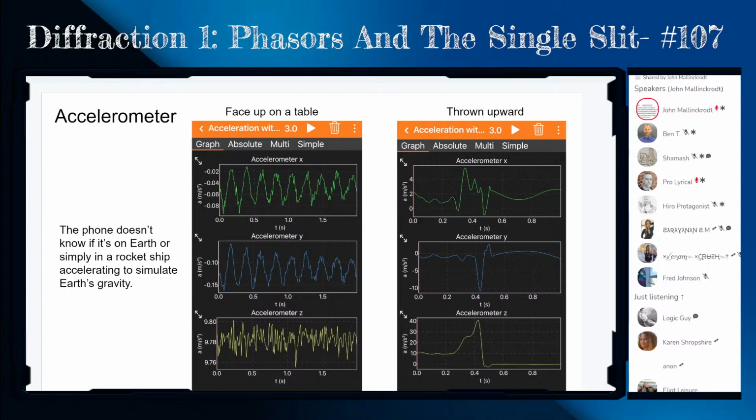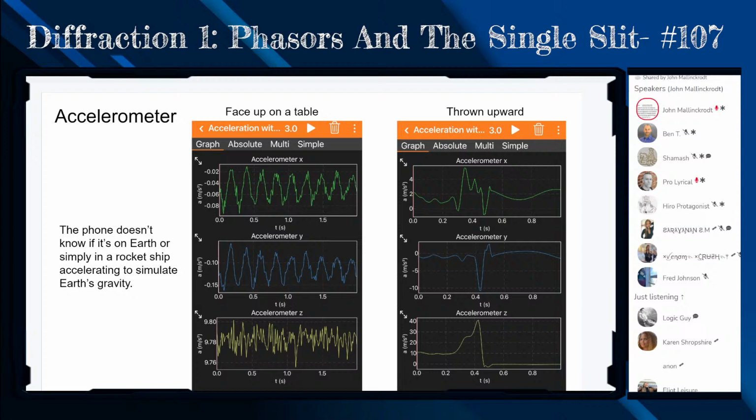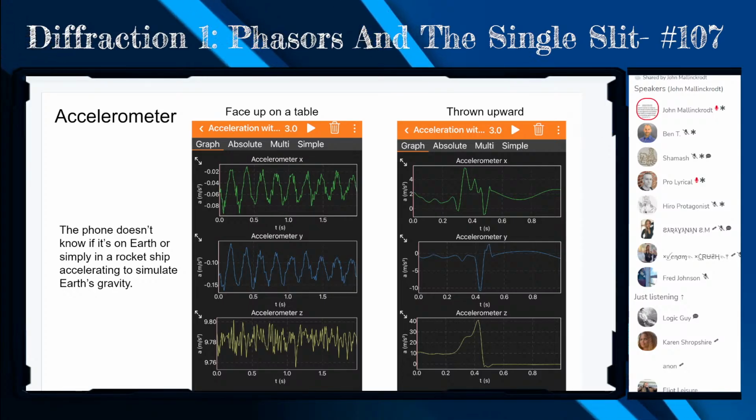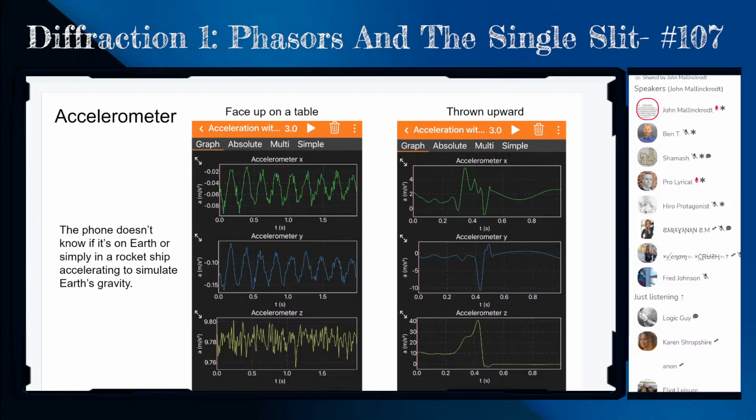The phone, when I set it on a surface, thinks it is accelerating upward at 9.8 meters per second squared. And that's weird, because that's the rate at which a rock accelerates toward the Earth when it is released.